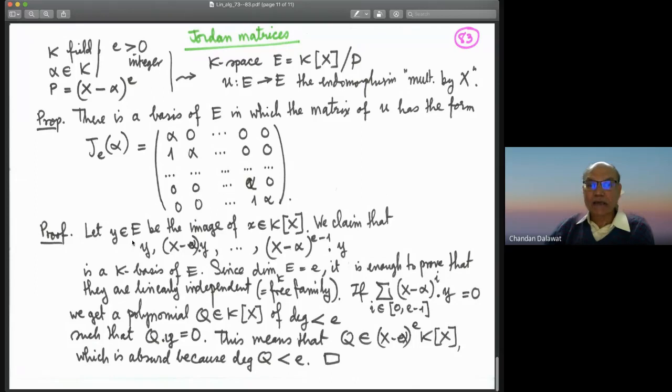Let Y in E be the image of 1 in K[X]. And then we claim that this Y, (X minus alpha) times Y, (X minus alpha) to the e minus 1 times Y, etc., they form a K basis of E. And then in this basis, the matrix of the endomorphism U is this matrix. So there's a small checking here, and that's it.